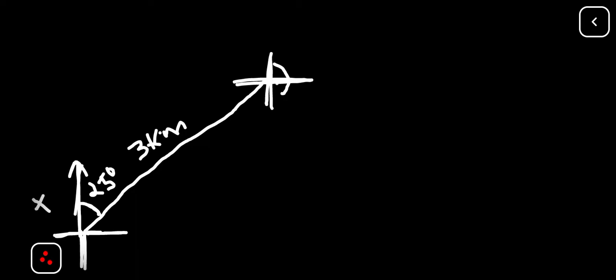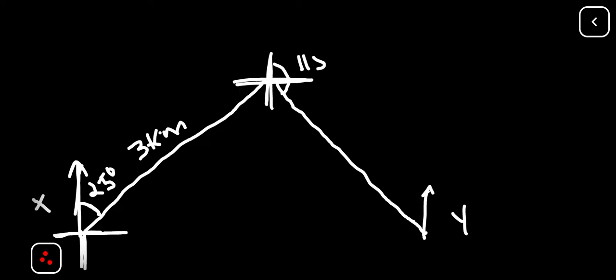So you draw another line here to Y. So this will be Y. Okay, and this is 113 degrees.